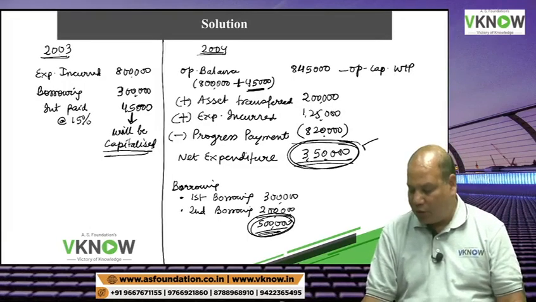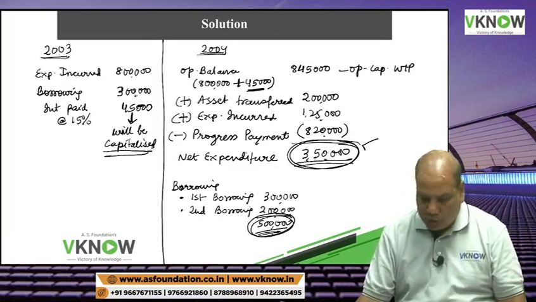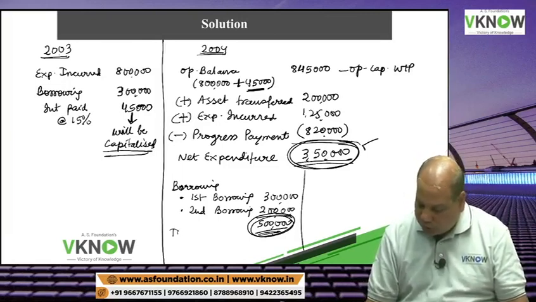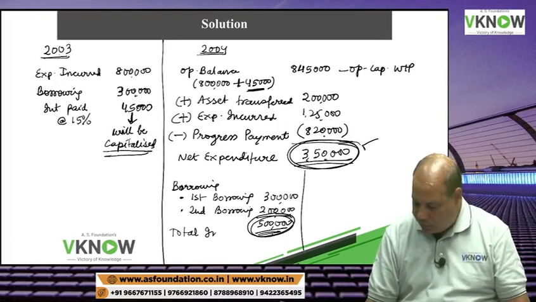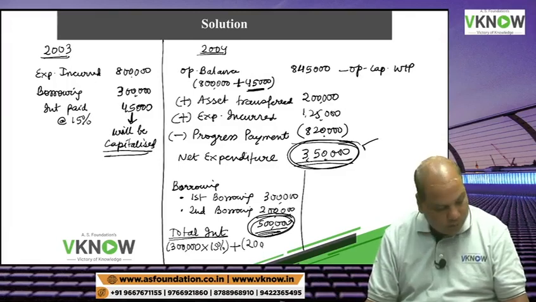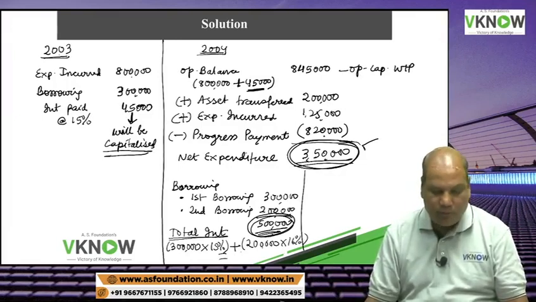So what will that be? So first you calculate the total interest. Total interest will be on 3 lakh at 15% and plus on 2 lakh at 16%. So somebody will give me the answer.